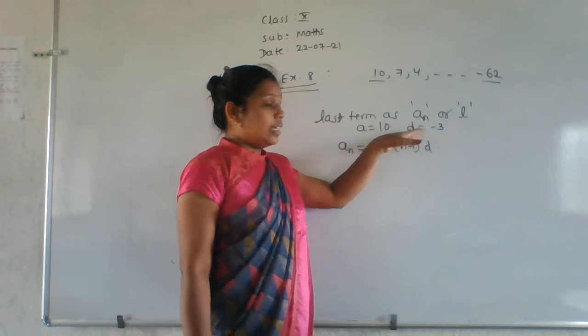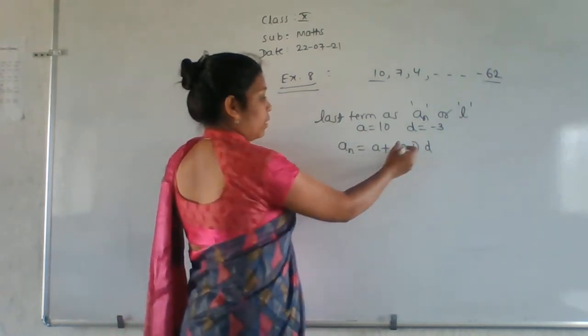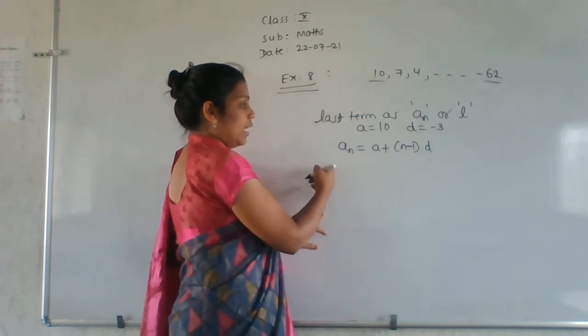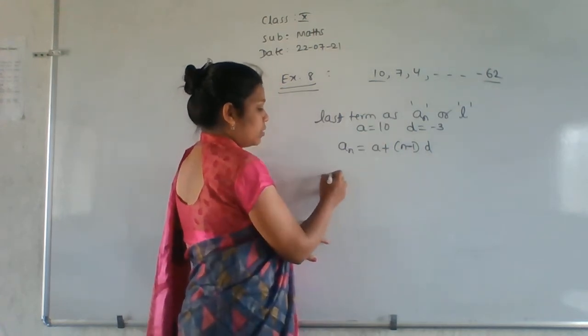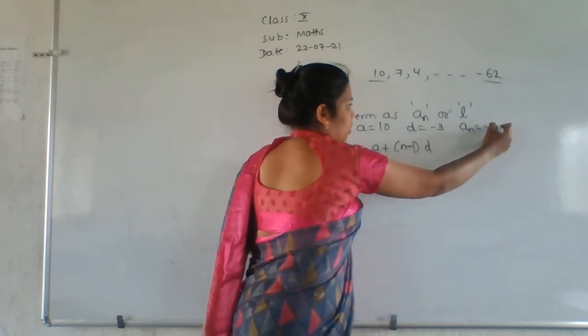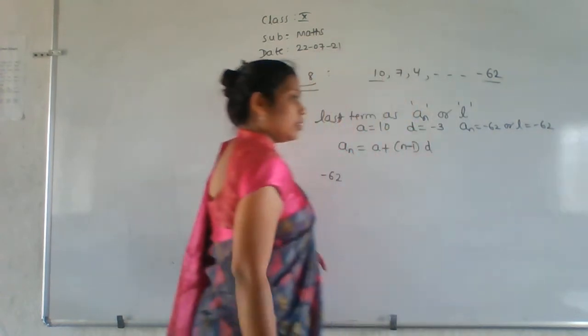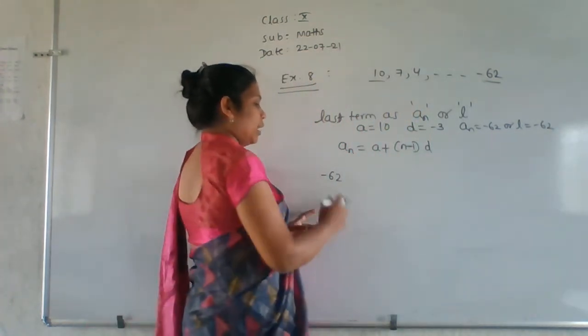Now solve this example. I am considering an is equal to minus 62, or else l is equal to minus 62. Both are same. I am considering an only here.